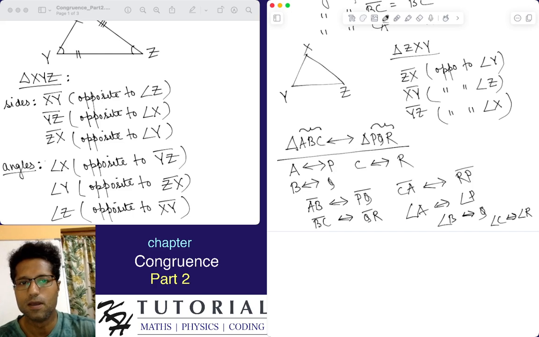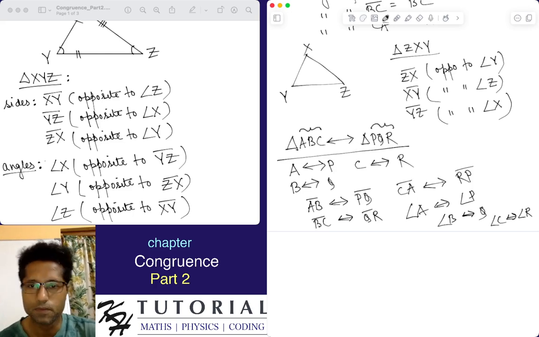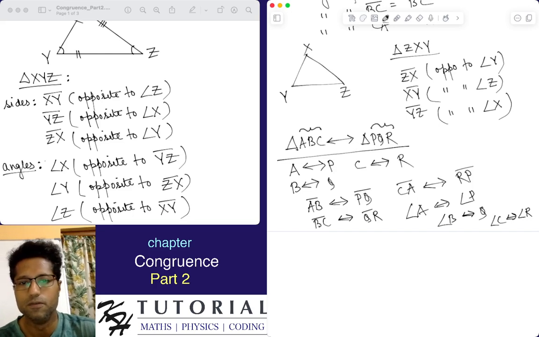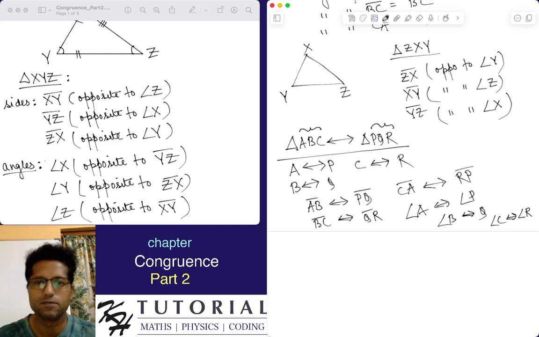I am talking about a matching or a correspondence between two triangles, because this correspondence or matching will be used in verifying the congruency of two triangles. Congruency of two triangles is based on a particular matching or correspondence between two triangles. So that is why I am discussing what a matching or a correspondence between two triangles is.